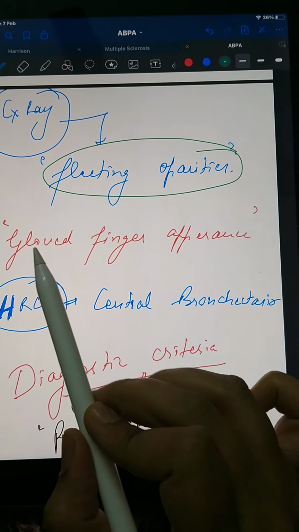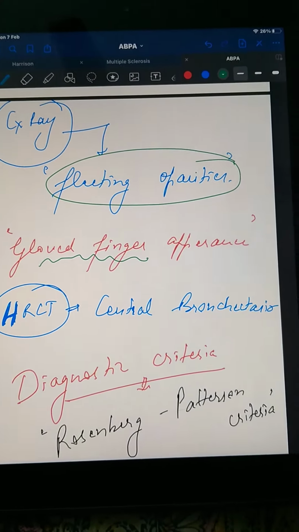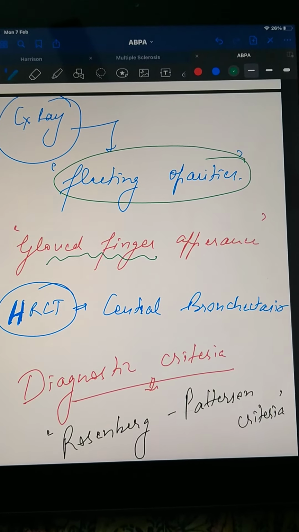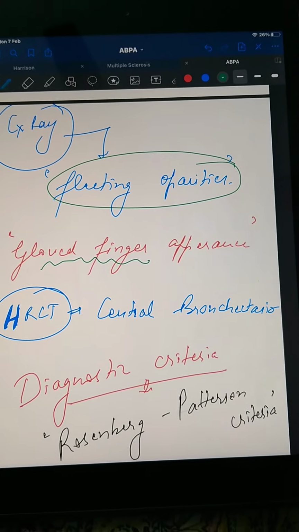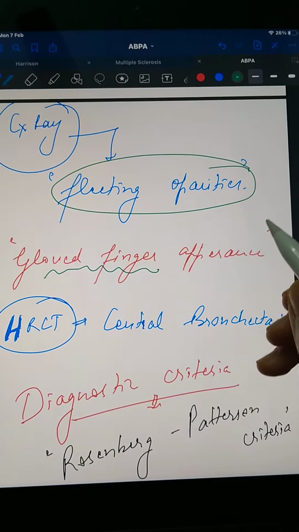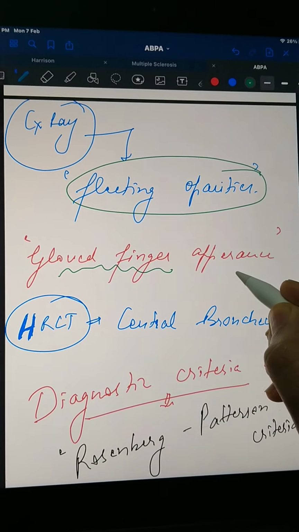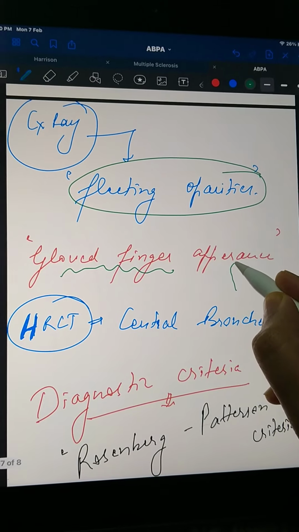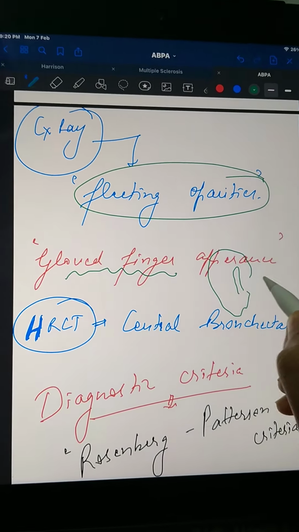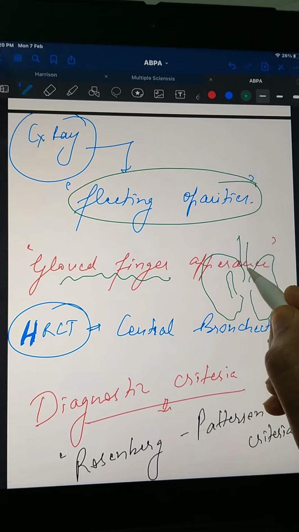And one term is gloved finger. There are various terms used here, like tram track appearance or ring shadows, and the main one is gloved finger shadows. What is gloved finger shadow? I told you that mucus plugging occurs. Let's assume this is our right lung, this is the left lung, and this is our airway.